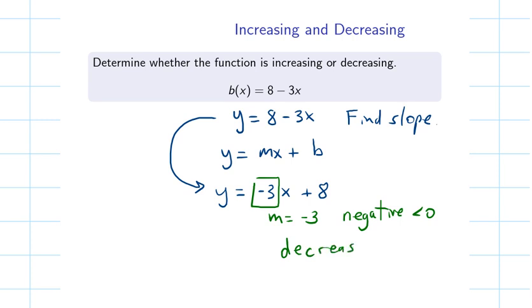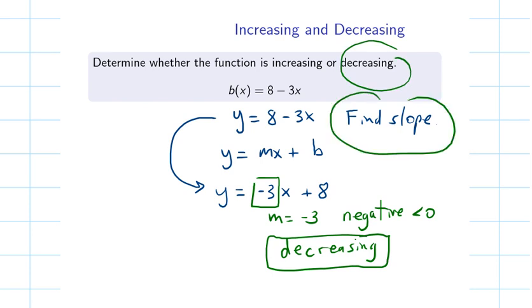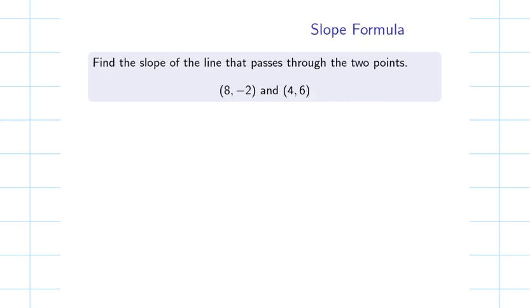So the key was just to find the slope, and we used that form of the line to make that easy. Let's take another look at another problem. So here we go. Find the slope of the line that passes through these 2 points. Well, we can use the slope formula. m is y2 minus y1 over x2 minus x1. Let's label this first one as (x1, y1), and the second one as (x2, y2).